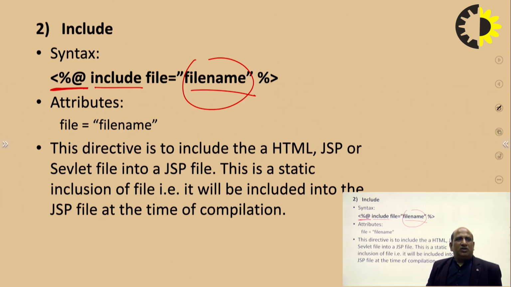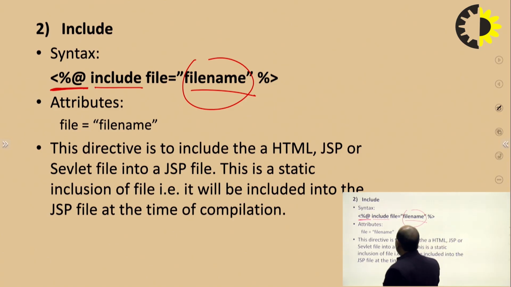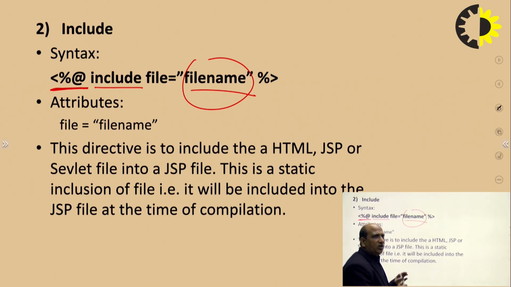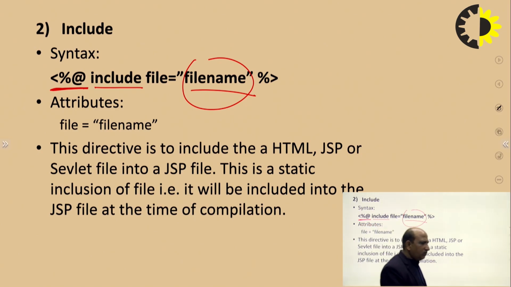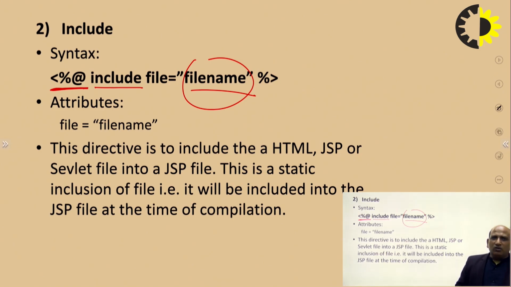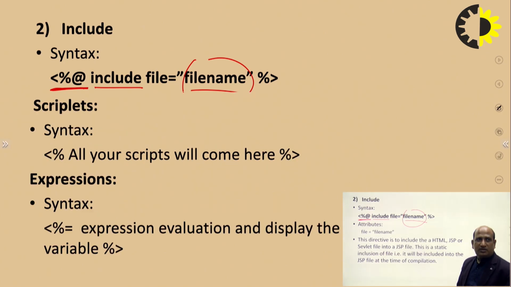This include directive tag is used to include any external resources in your current JSP page statically at the time of compilation. I will show you later. Just understand here that the include directive is used to include external resources into your current JSP page.